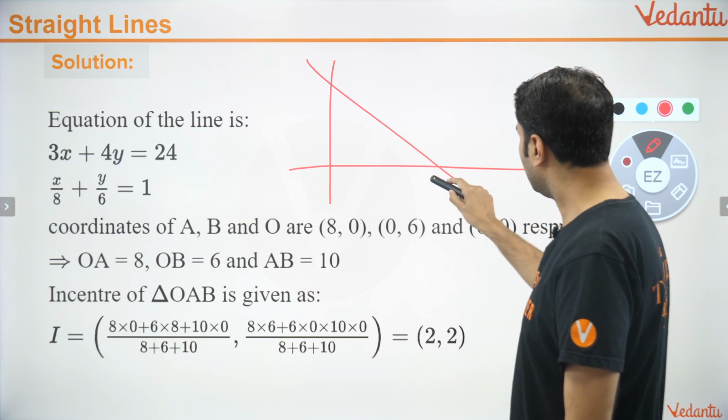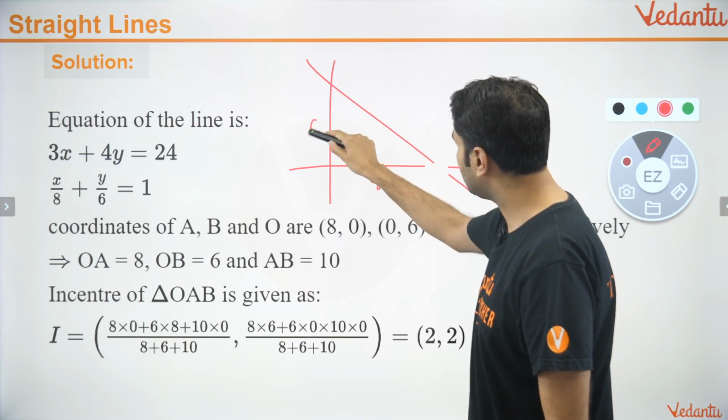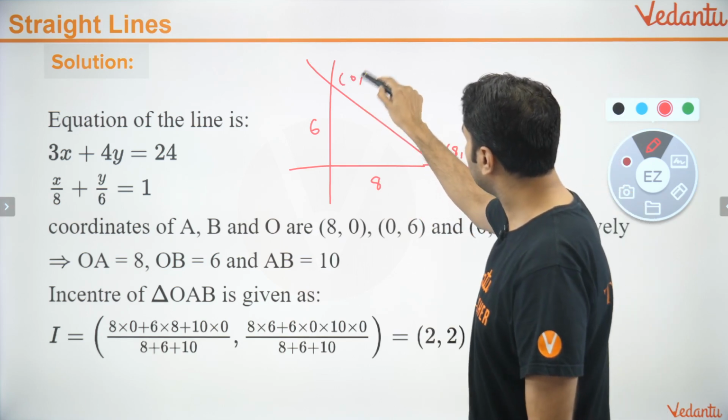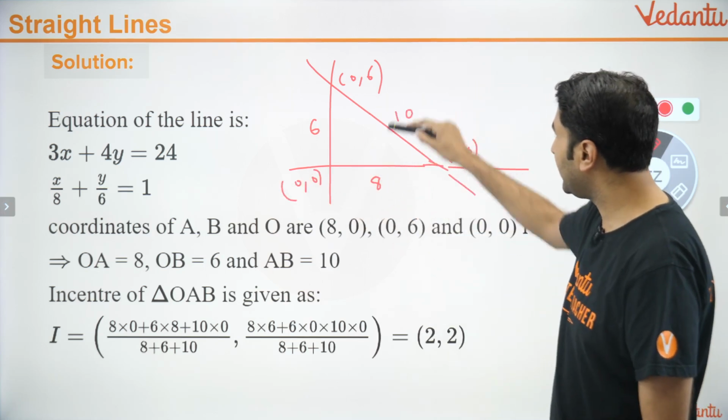This is the triangle, this is 8, so this is 8, this is 6, this point is 8, 0, 0, 6, 0, 0. Find out, this will be 10.